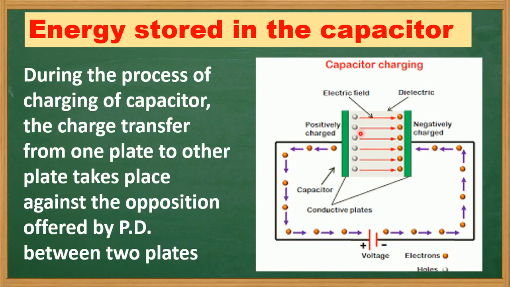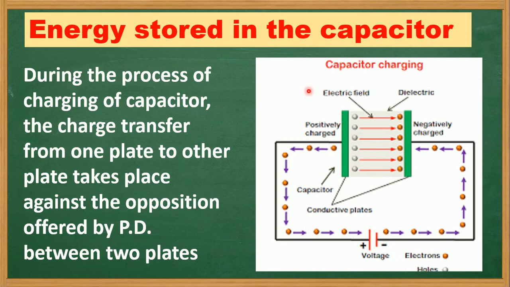So they have to work against the potential difference applied. The potential difference applied is V, and during a charge transfer the opposition is offered by this voltage and the capacitor is charging.